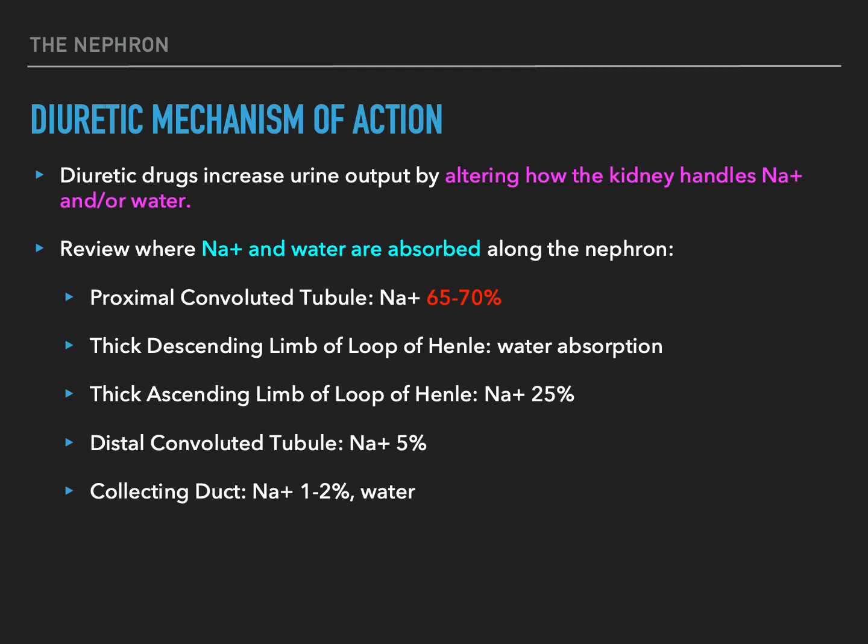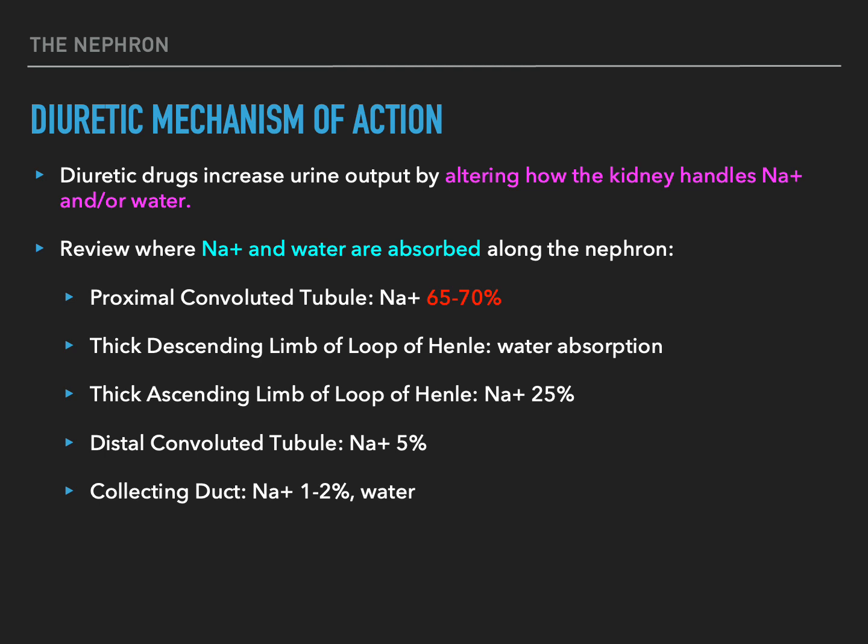We see 65 to 70% of the reabsorbed sodium in the proximal convoluted tubule. The thick descending limb of the loop of Henle plays a big role in water absorption. The thick ascending limb more so in sodium reabsorption, up to 25%.